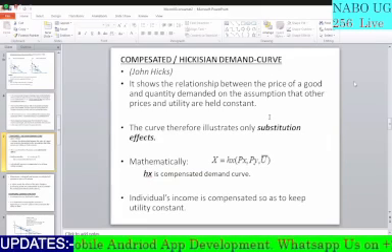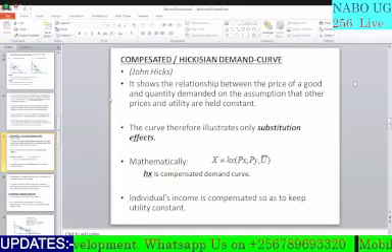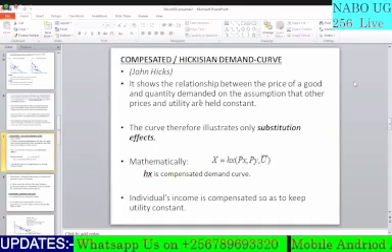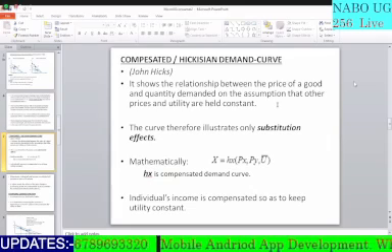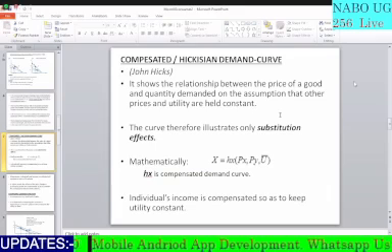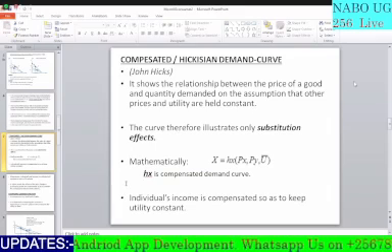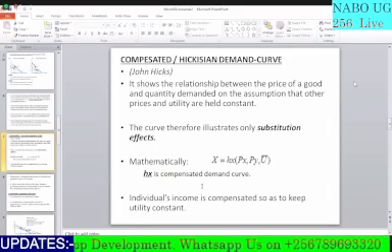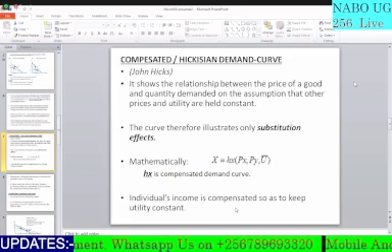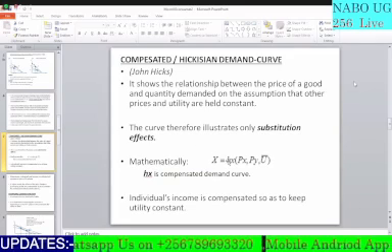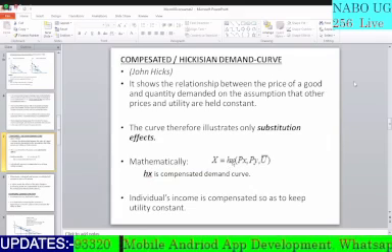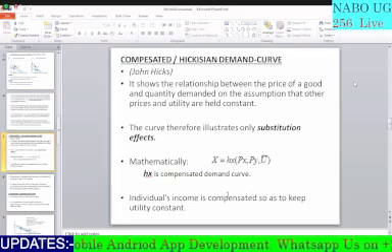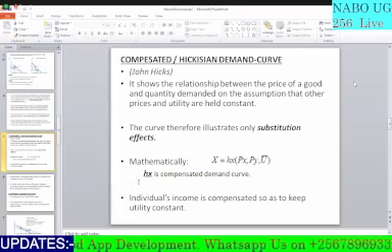So we want to see the relationship between the price of a good and the quantity demanded on the assumption that the prices of other commodities and utility are held constant. So this curve illustrates only the substitution effect. Mathematically, it is written like that. So for this compensated demand curve, I'm using HX instead of DX. HX is the compensated. When I say DX, that is the Marshallian demand curve.